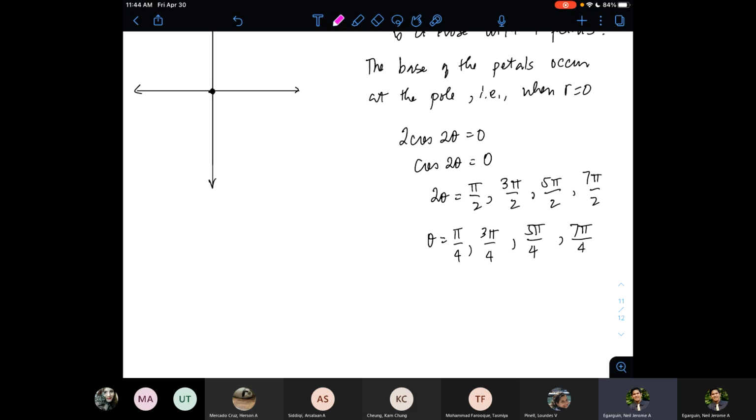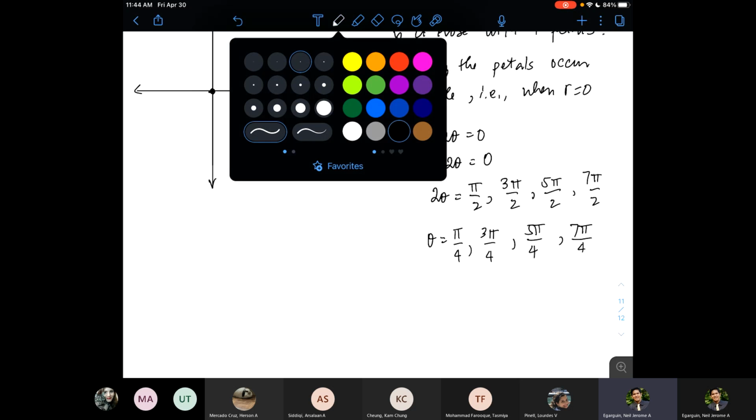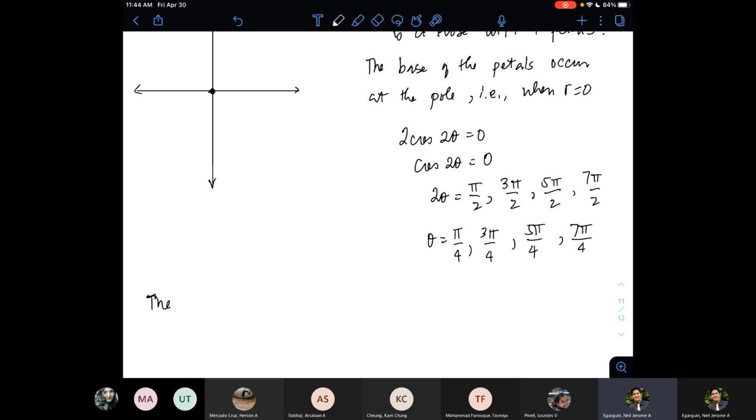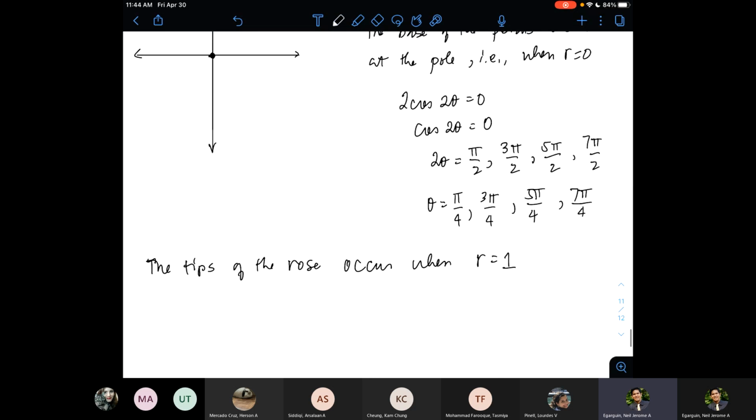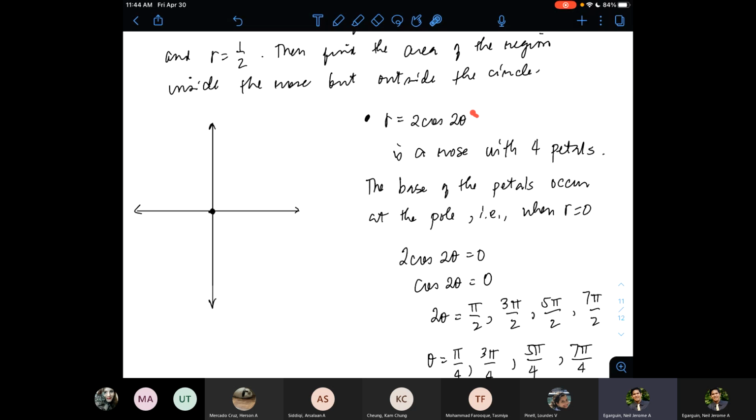And then compute where the tips of the petals occur. They occur when r is equal to 1, when your cosine, when your trig function, is at its maximum, right?